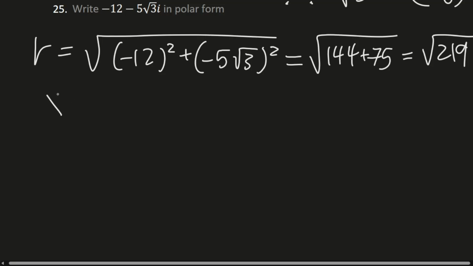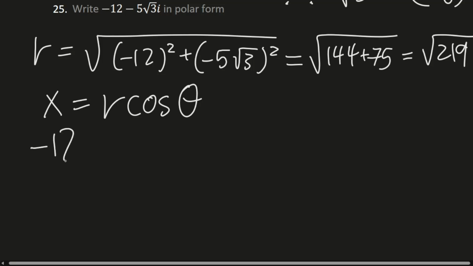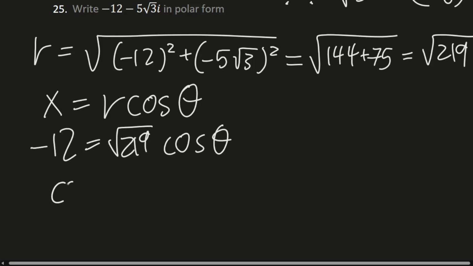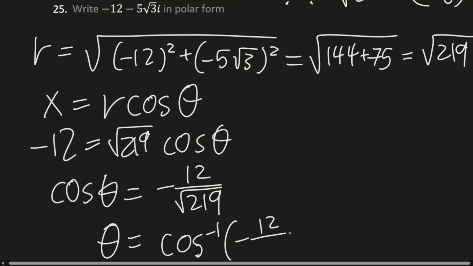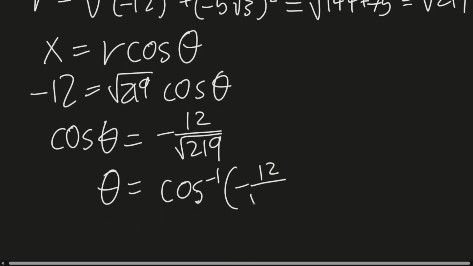Okay, solving for the angle, I'm going to use x is equal to r cosine of theta, plug in the numbers, divide both sides, and we get negative 12 over square root of 219 is equal to cosine theta. That's definitely not a nice number. And so I'm going to leave my angle as the inverse cosine of negative 12 over square root of 219.